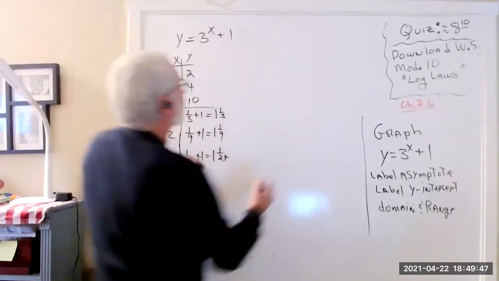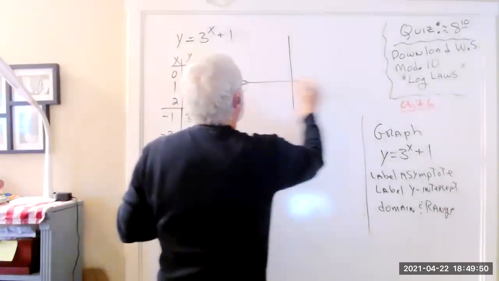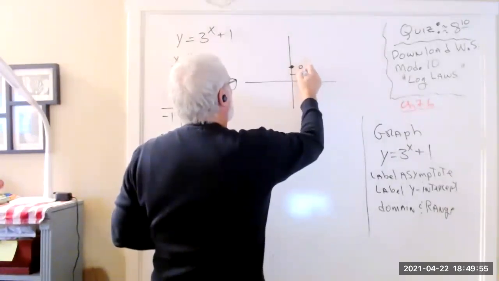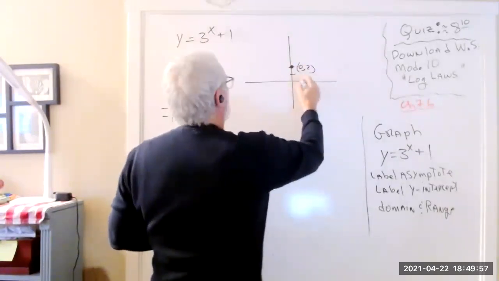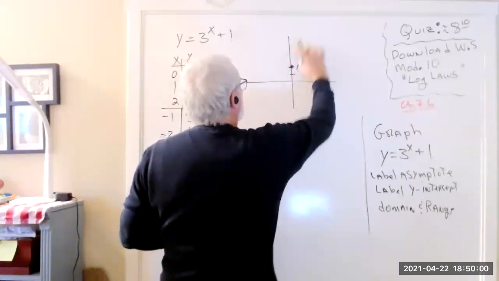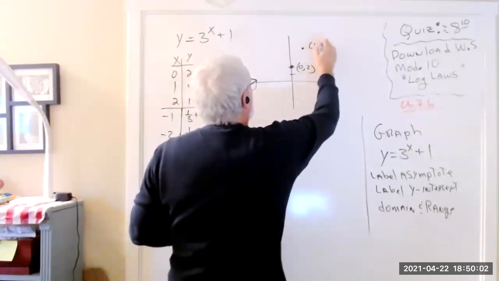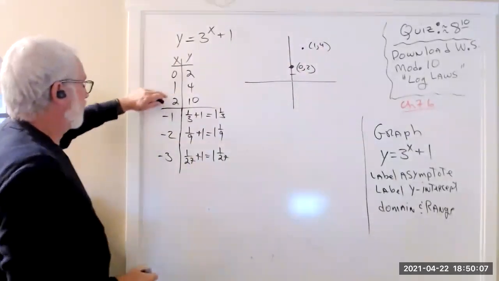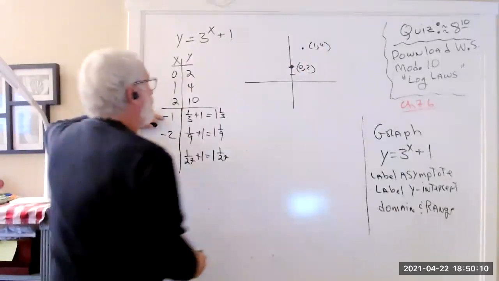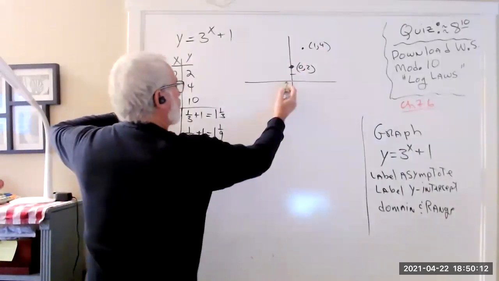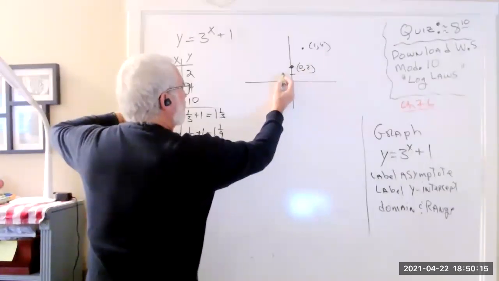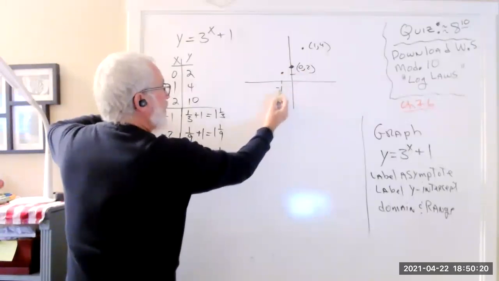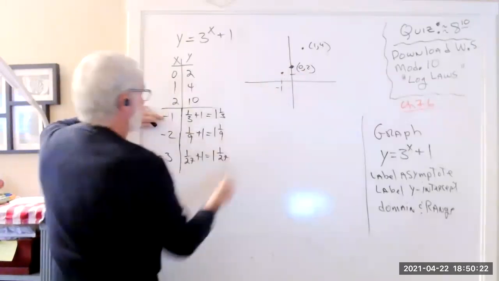Okay, so we're going to build a graph now. (0, 2). (1, 4). (2, 10). I don't have room for the 10, so I don't care about it. (-1, 1 1/3), so that's about there. If x is -1, I go up 1 and a little bit.